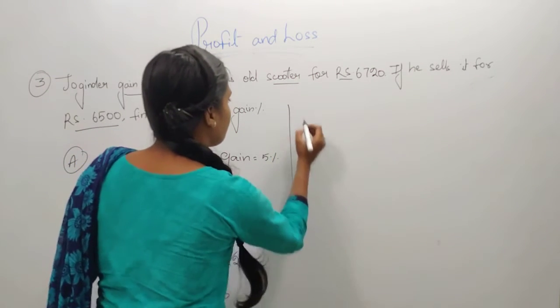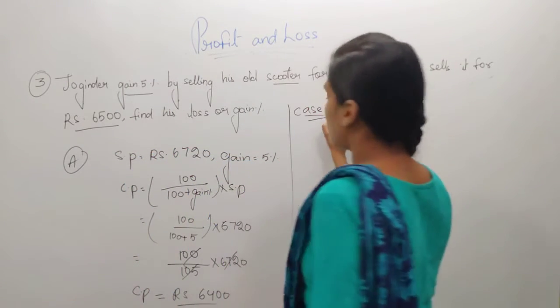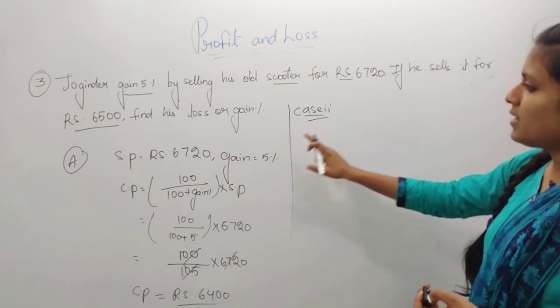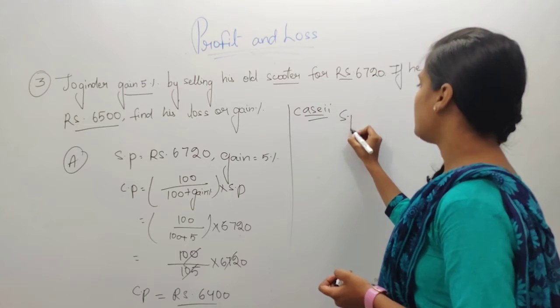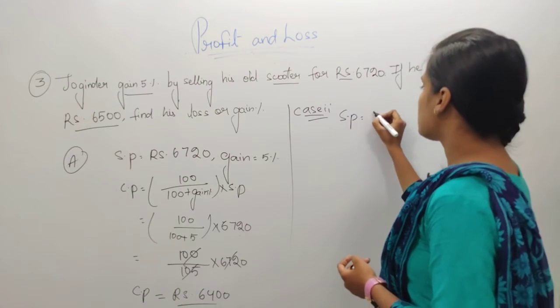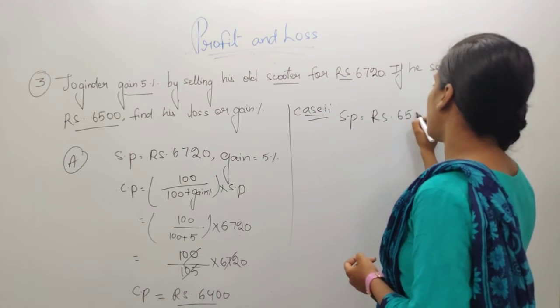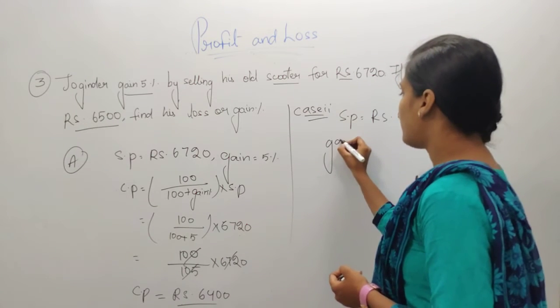Case 2. In case 2, what is given? Rupees 6,500 is given. SP is equal to rupees 6,500. If the selling price is rupees 6,500, then will it be gain or loss? We have to find out whether it is gain or not. Gain is equal to, what's the formula?